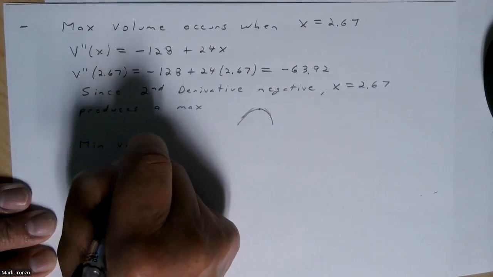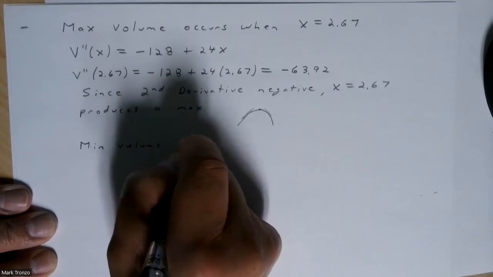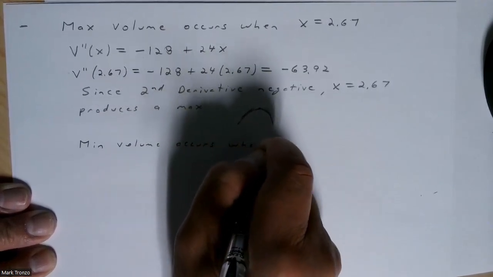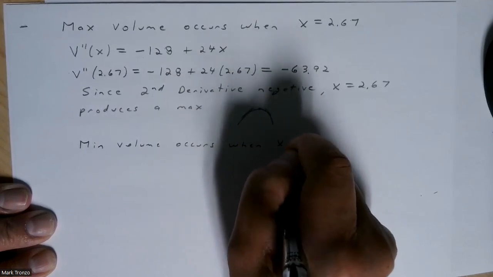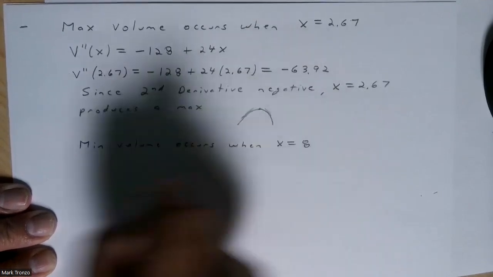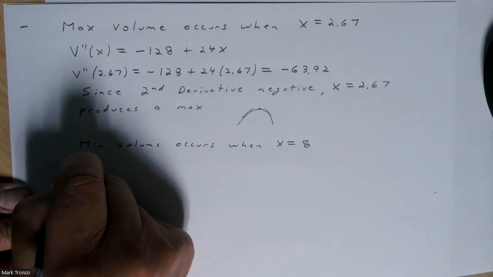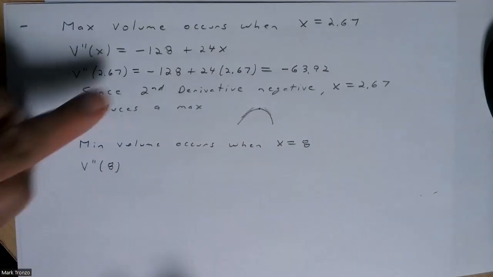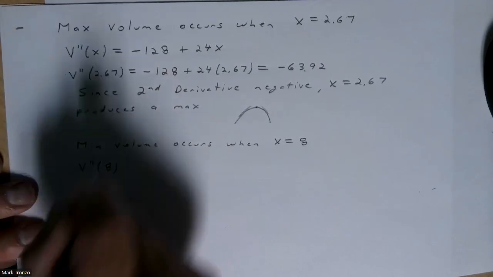Let's just check the minimum just to verify that x equal 8 was the minimum. So minimum volume occurs when x equal 8. Again, let's put x equal 8 into the second derivative. So that was this one right here.